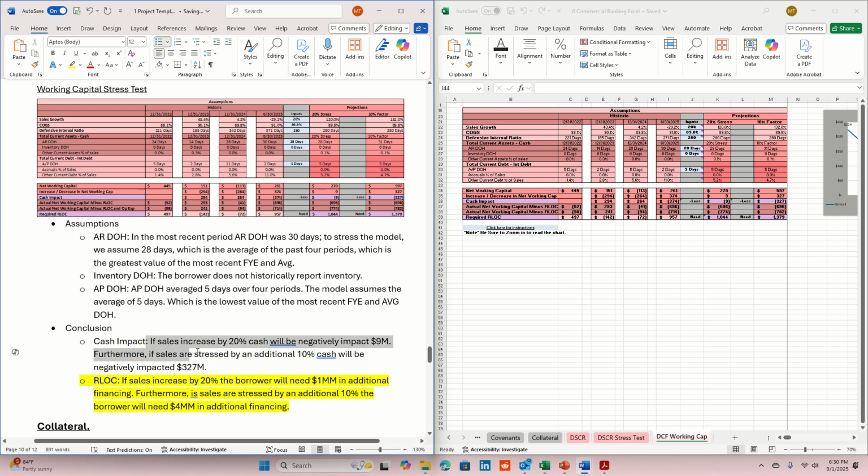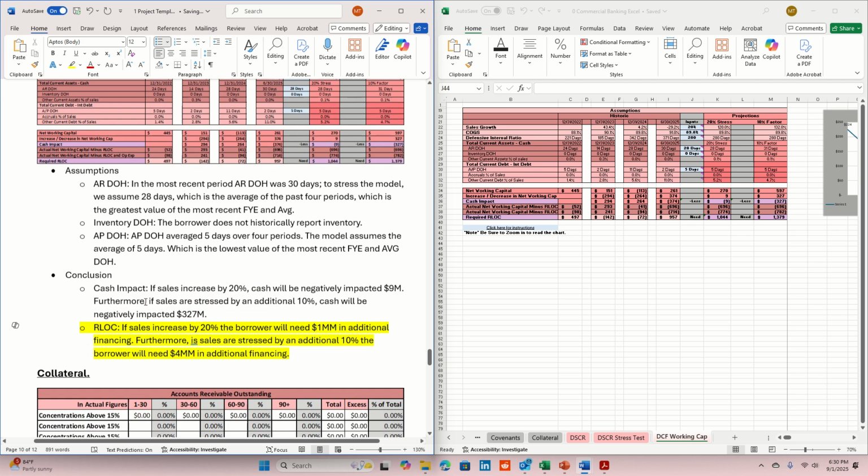Cash impact. If sales increase by 20%, comma, cash will be negatively impacted $9,000. Furthermore, if sales are stressed by an additional 10%, comma, cash will be negatively impacted $327,000.